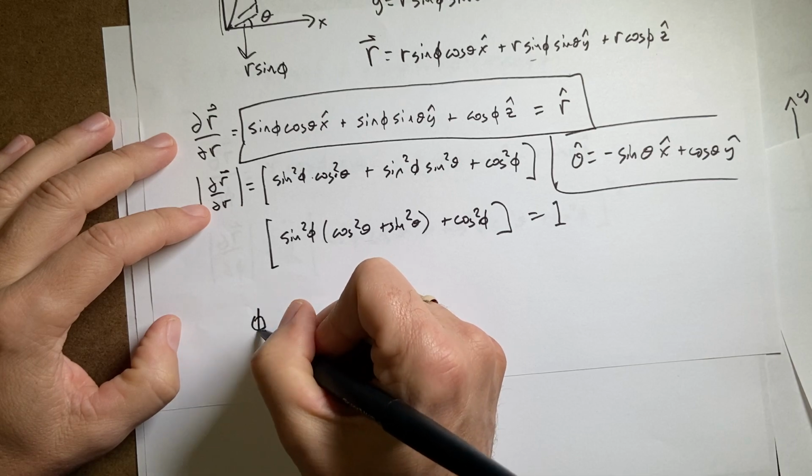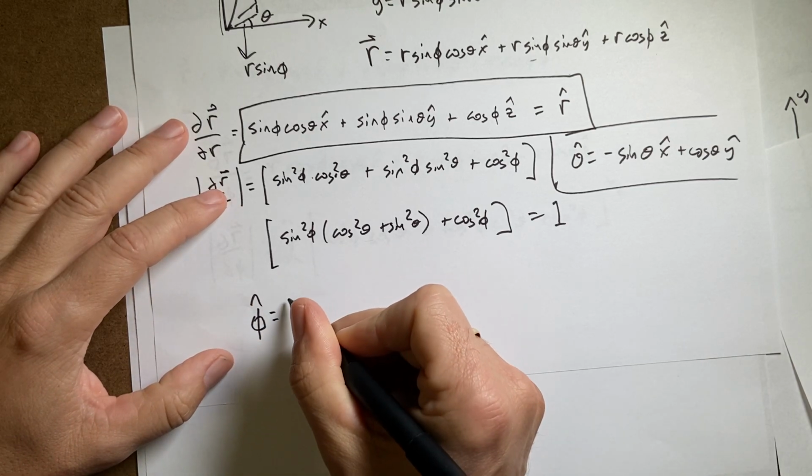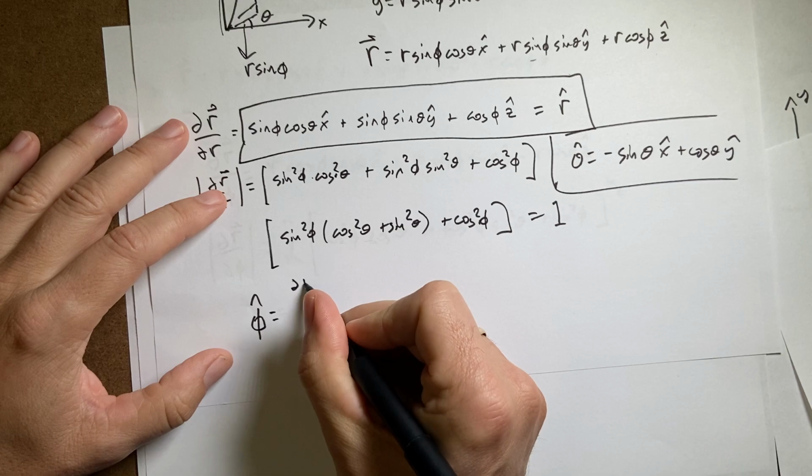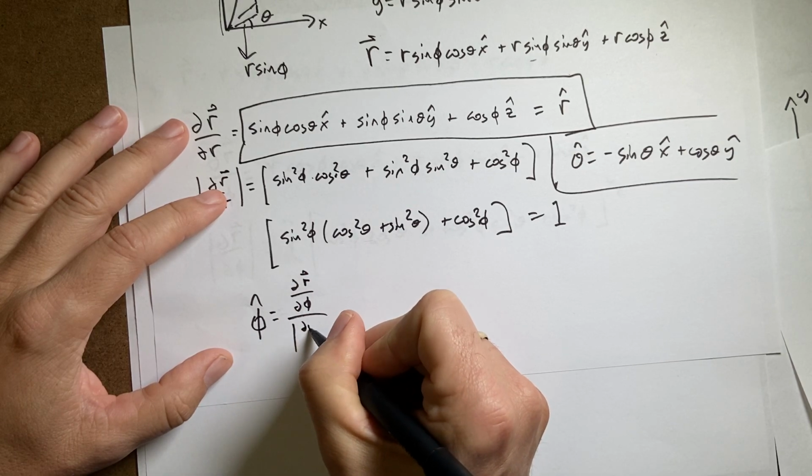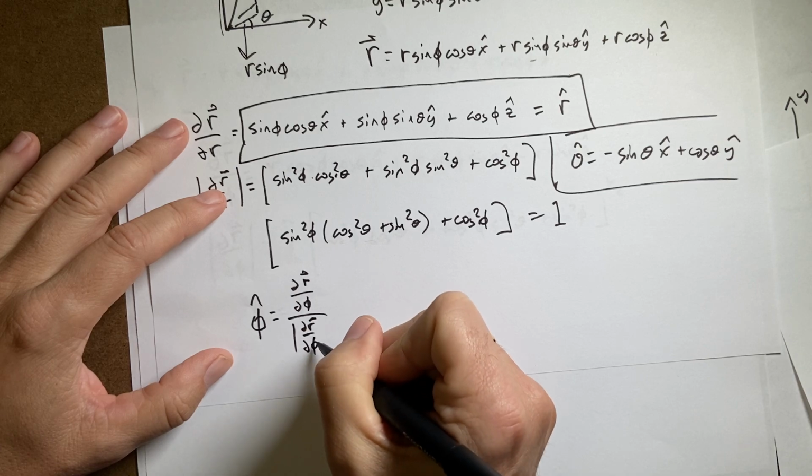So that means that the unit vector, I guess I should write it up here, phi hat is going to be equal to the partial of r with respect to phi over the magnitude of the partial of r with respect to phi to make it a unit vector.